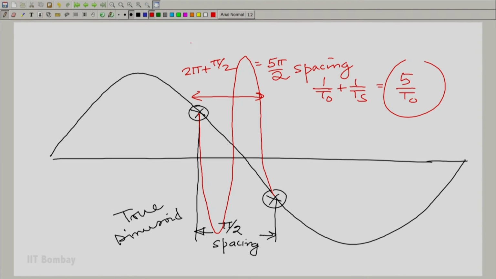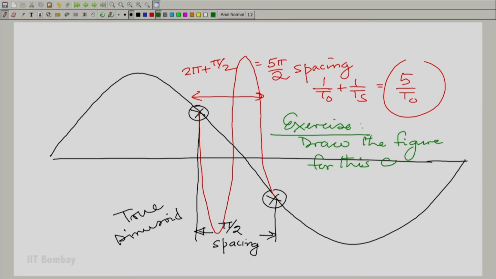And let me now draw the last one, where you had not quite a whole cycle lost, but you came on the wrong edge. What is the situation there? I leave it to you as an exercise here. Draw the figure for this case.